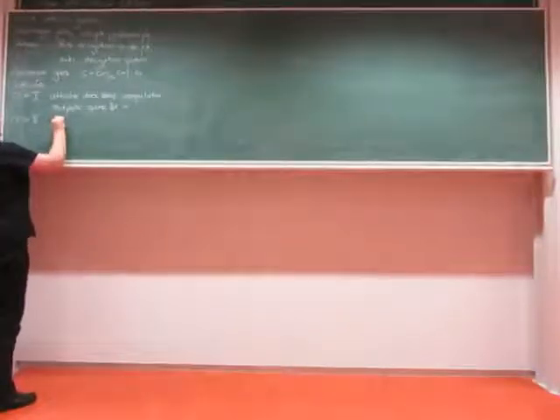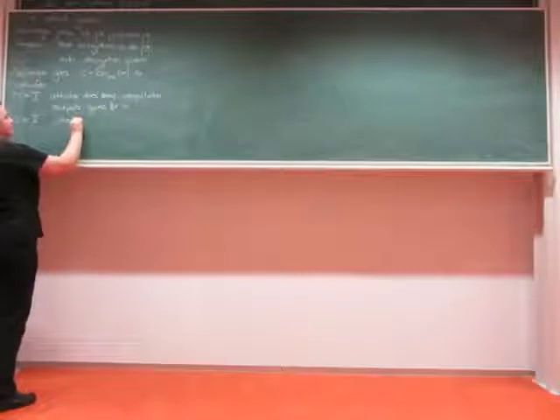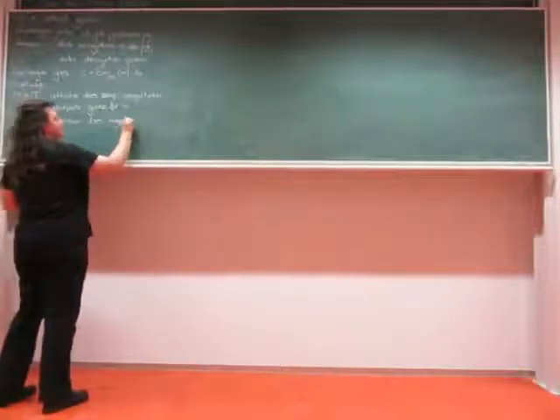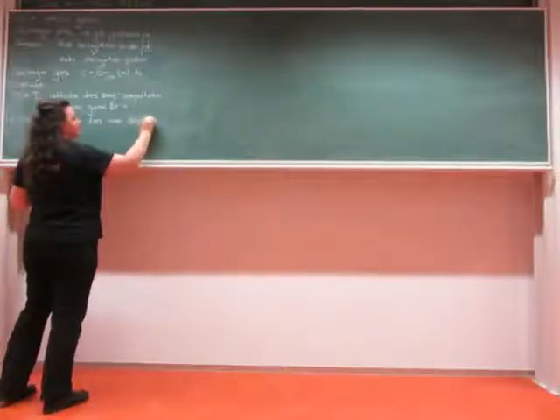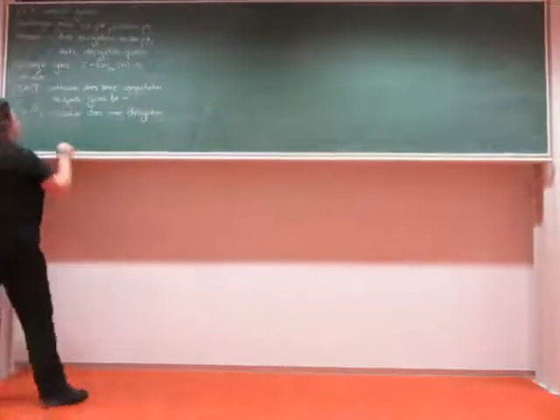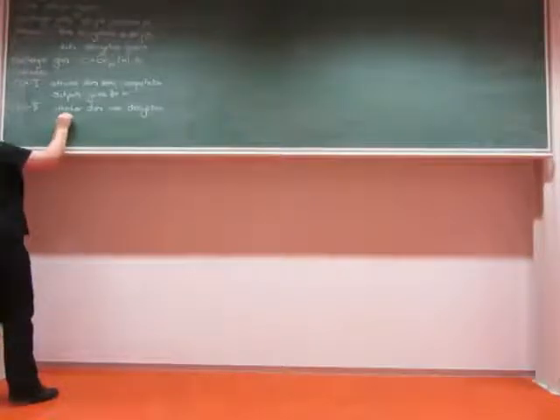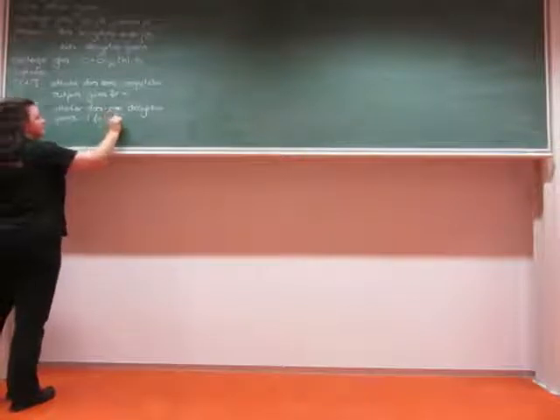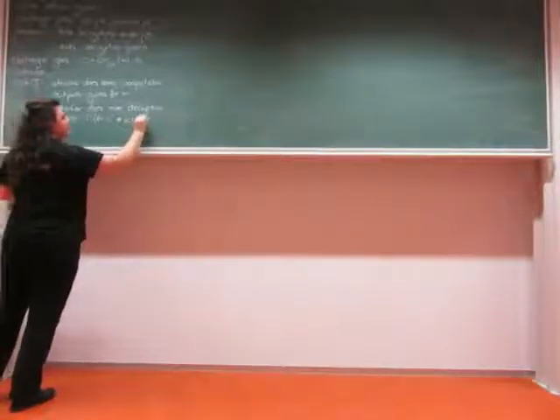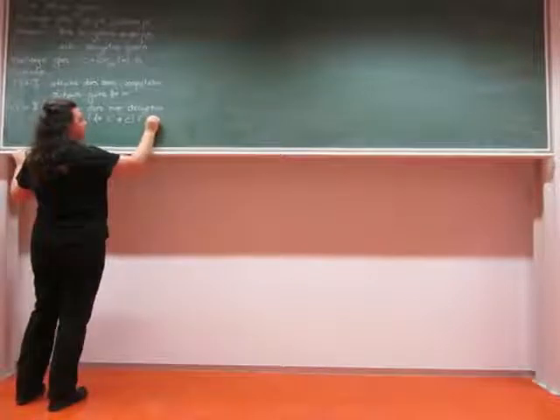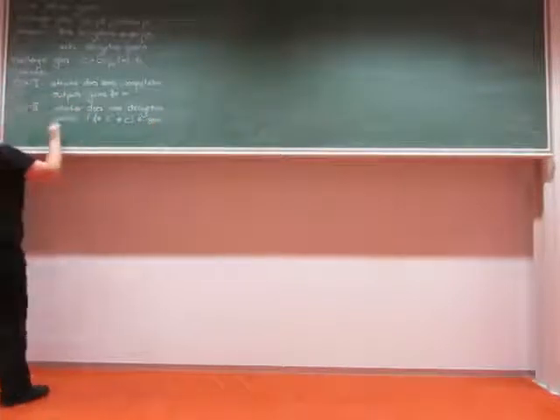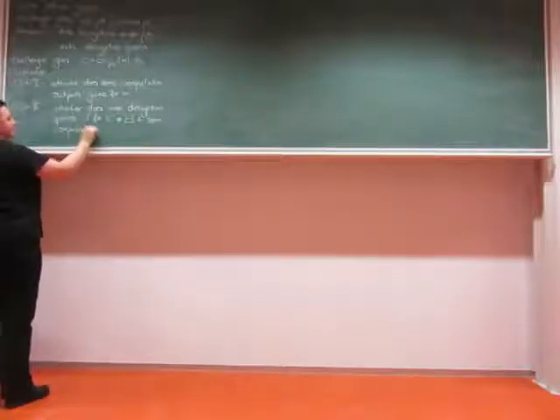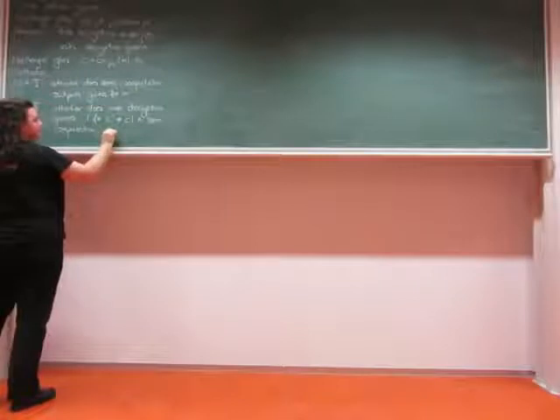So the attacker does more decryption queries, for any C prime which is not the same, then does some computation, and then outputs a guess.